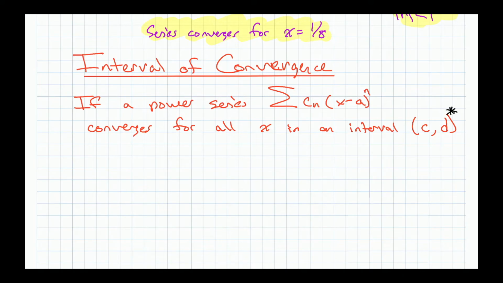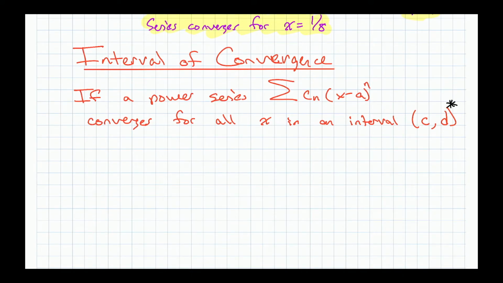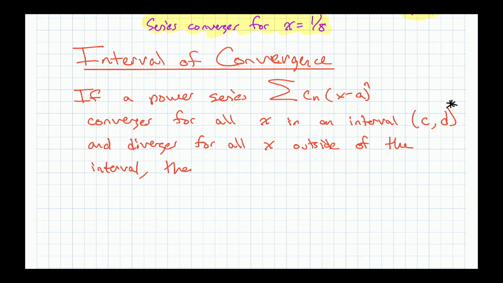Okay, there's an asterisk on there, which I'll explain momentarily. So if a power series converges for all x in an interval and diverges for all x outside of the interval, then the interval c to d, another asterisk there, is called the interval of convergence.